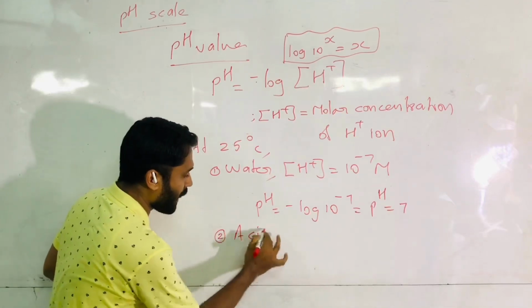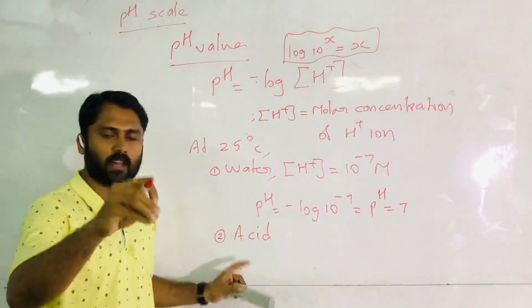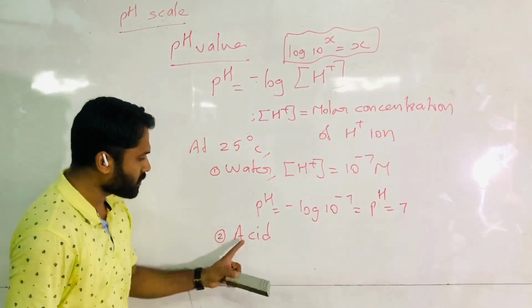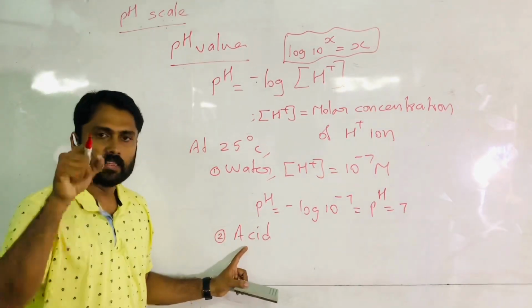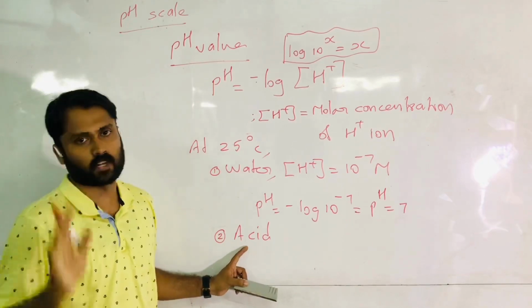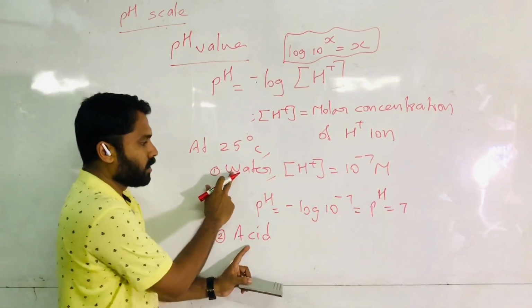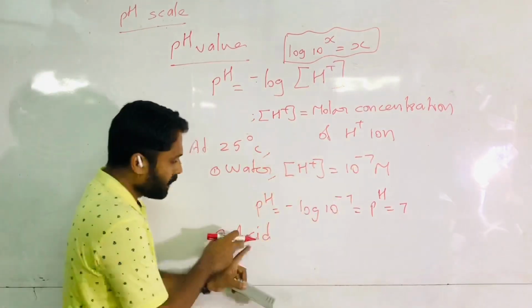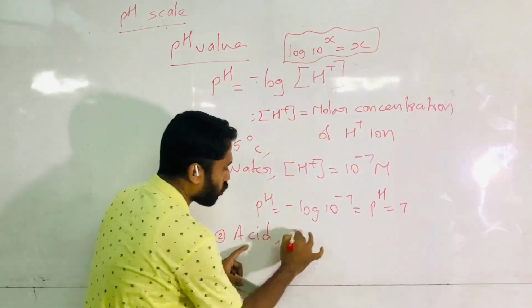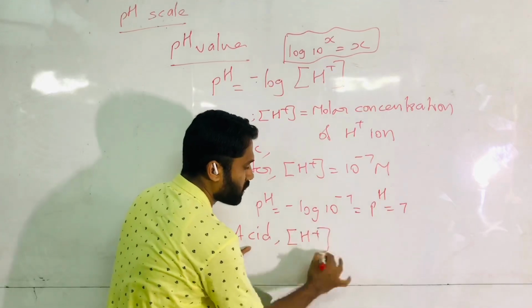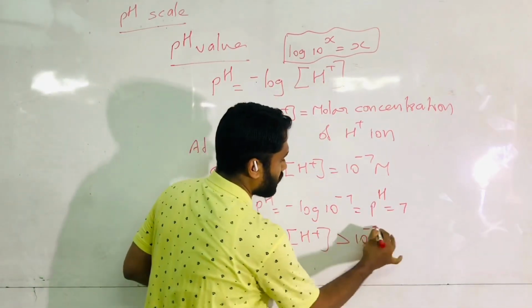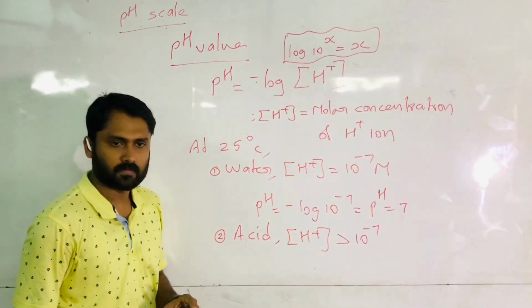If any acid, HCl, H2SO4, any acid, is dissolved in water, this acid generates H plus ions. There is H plus ion in water, 10 raised to minus 7. If acid is added, the concentration of H plus in water increases. That becomes greater than 10 raised to minus 7.